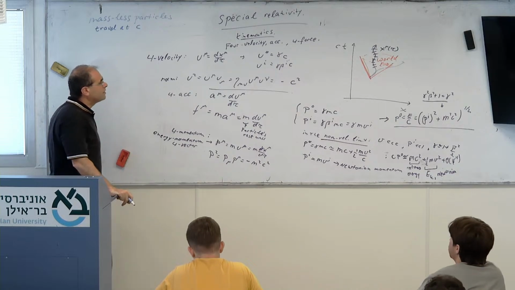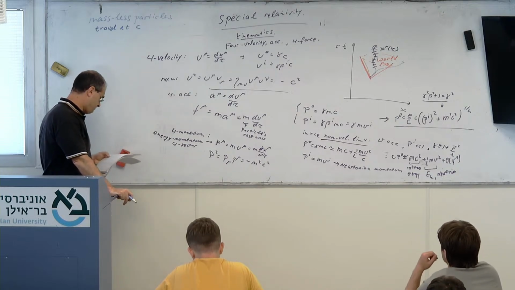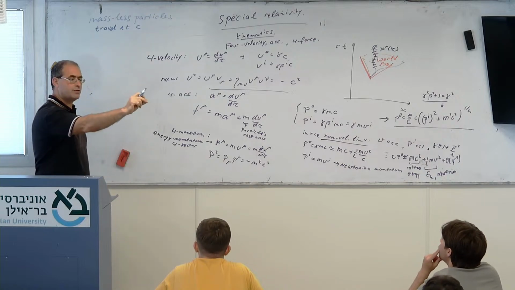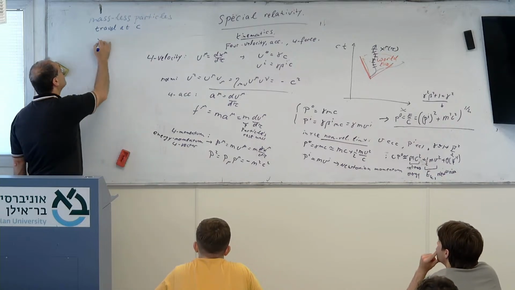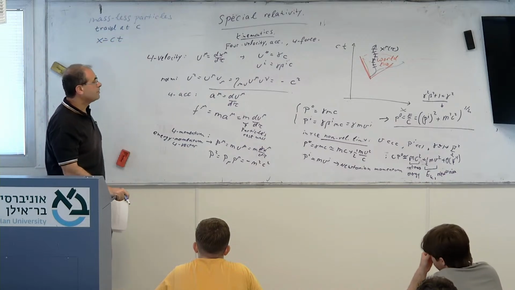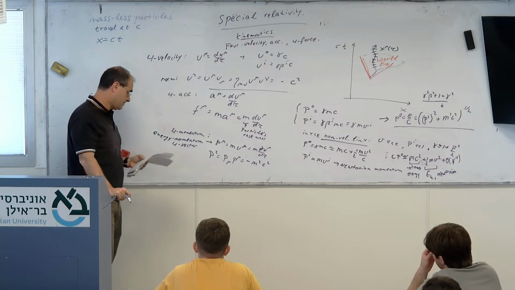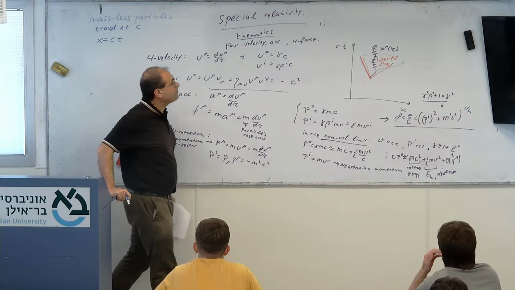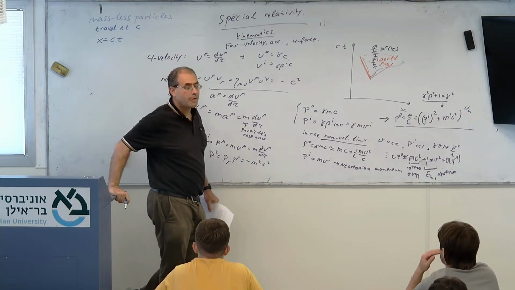Can we use tau then? Let's say the photon travels in the x direction, so x is equal to ct. What about tau? Can I use tau as a parameter along the world line? It has to be 0, so it's always 0.